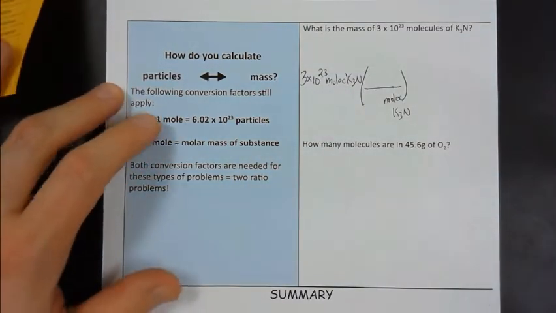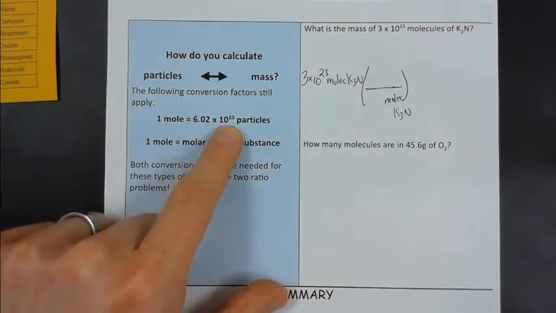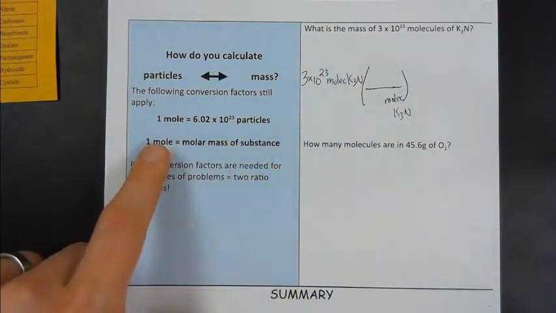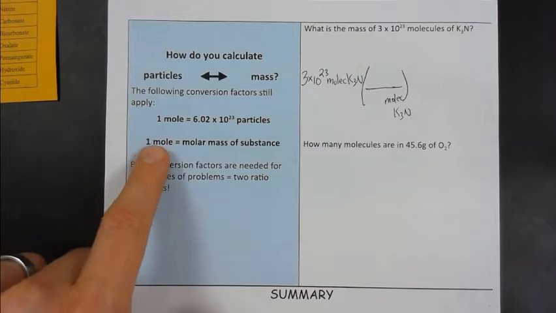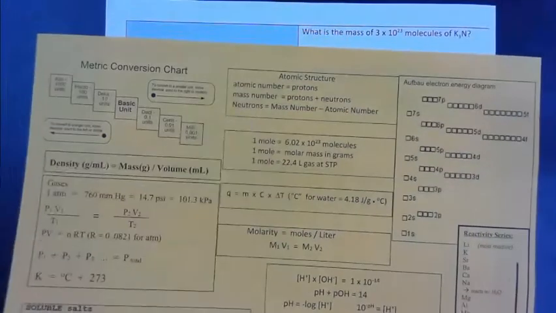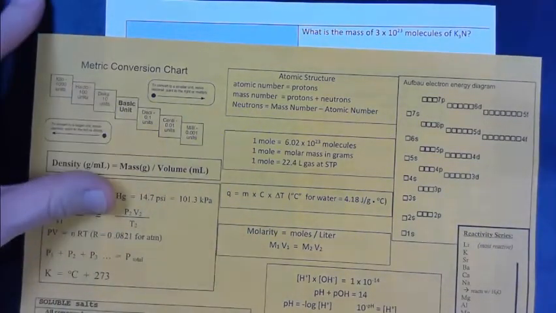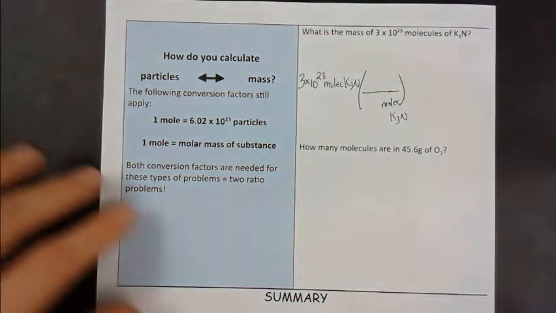Now again, we've got these two equations that tell us we know 1 mole is equal to that Avogadro's number of particles, and the one we talked about just a minute ago, 1 mole is equal to the molar mass. It's also good to point out that on your periodic table, we've given you these equations so that you have them to reference as you go forward for your quizzes and tests within this semester.